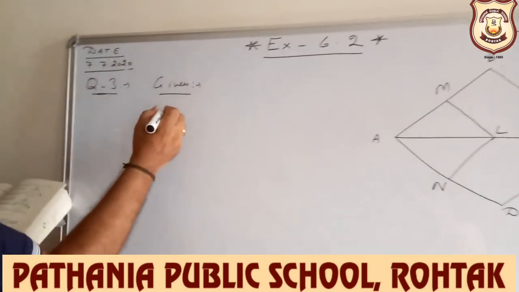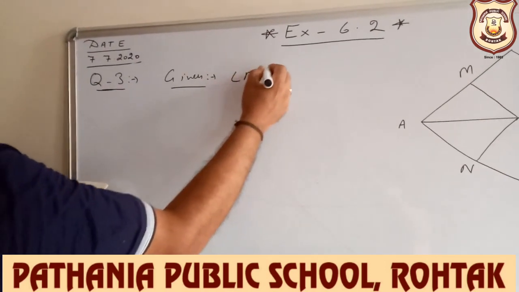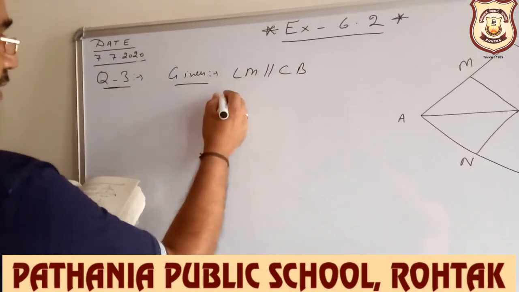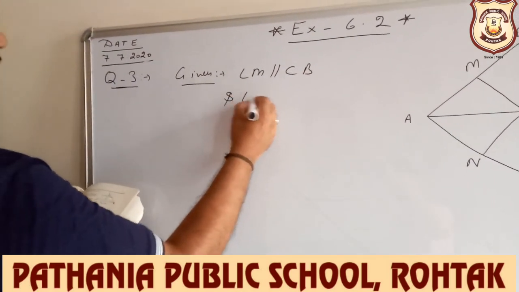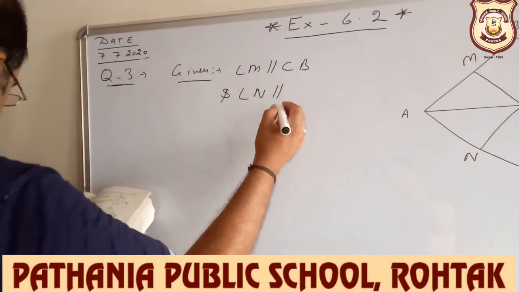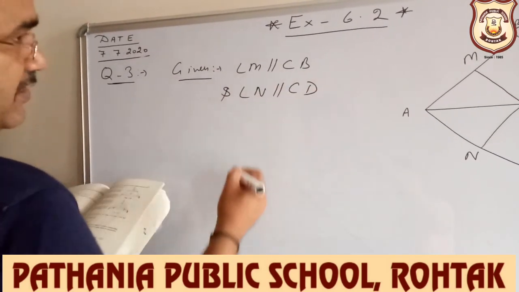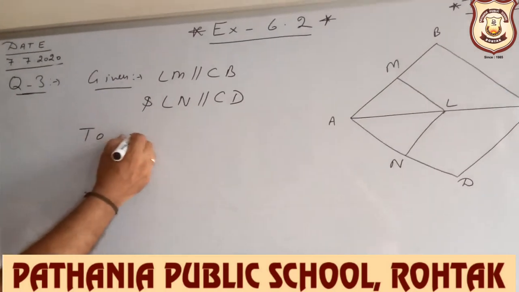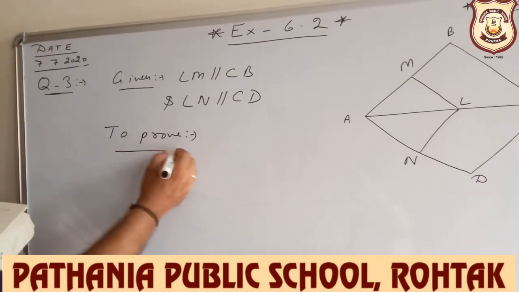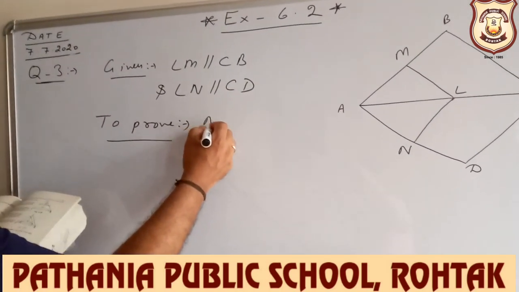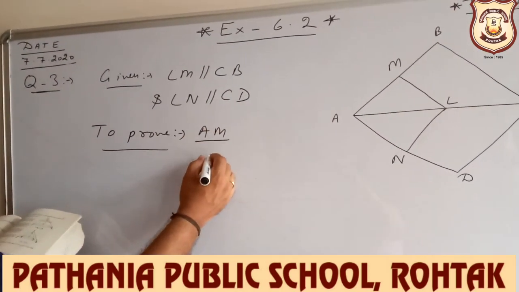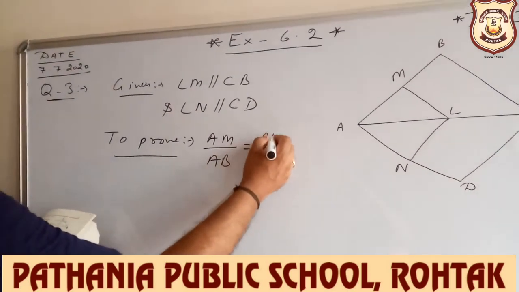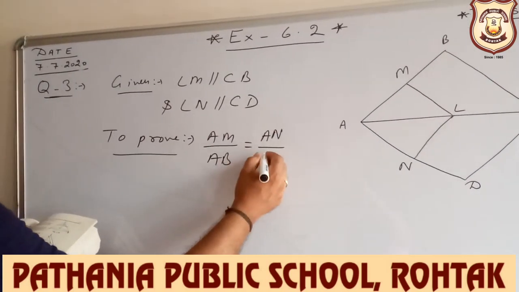In the given you can write LM parallel to CB and LN parallel to CD. Then to prove, beta, you can write AM upon AB equal to AN upon AD.